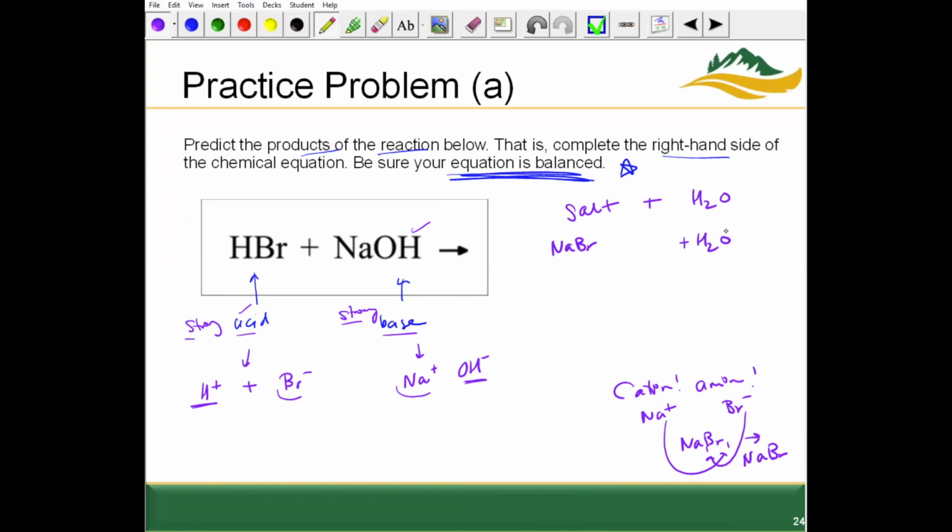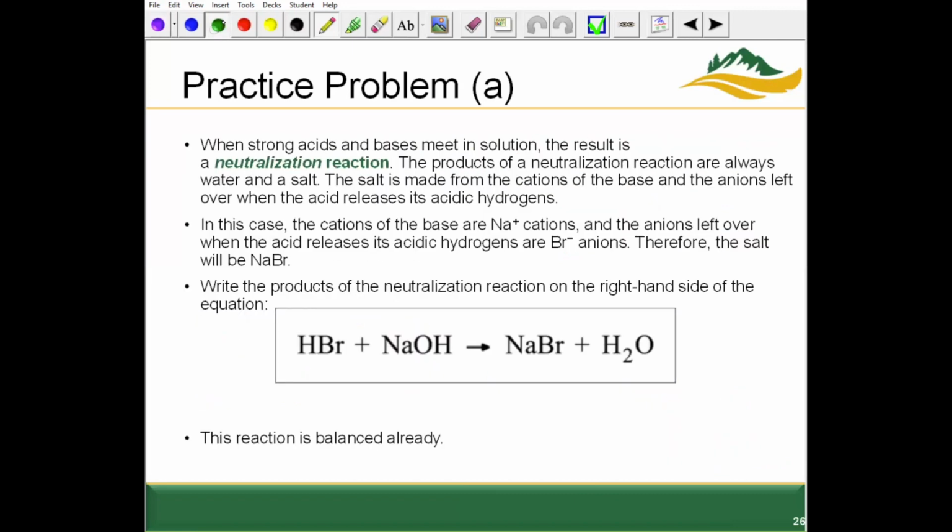Now we need to also check that our equation is balanced. So we know in our neutralization reaction, we're always going to form water and a salt. So we wrote this out. Here's our salt listed as the cation first, then the anion, then water. Is this a balanced reaction? Let's see. There's one Na and one Na.